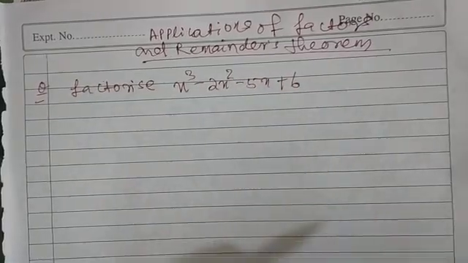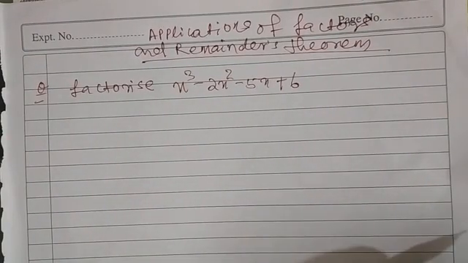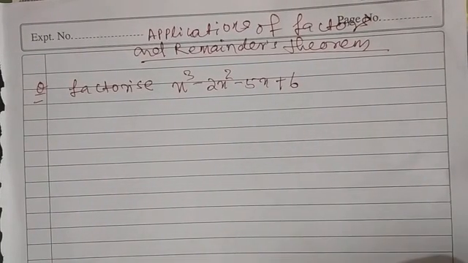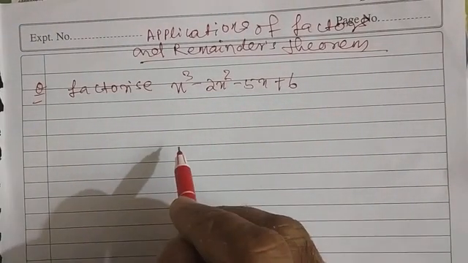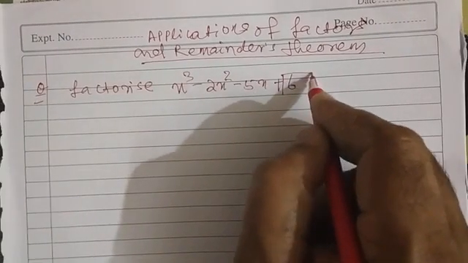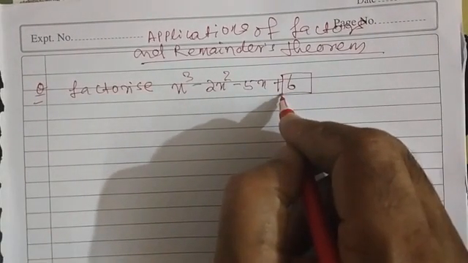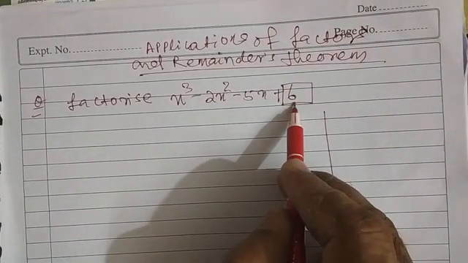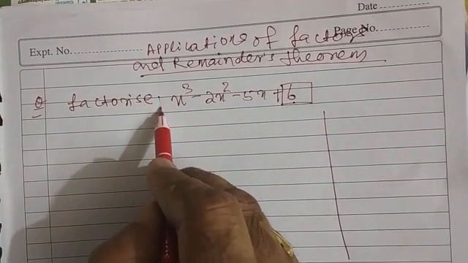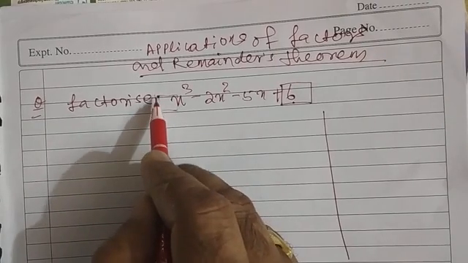As we already discussed, when we want to factorize a polynomial, we must look at the constant term. Remember, this is the constant term and this is the coefficient of the highest power of x.